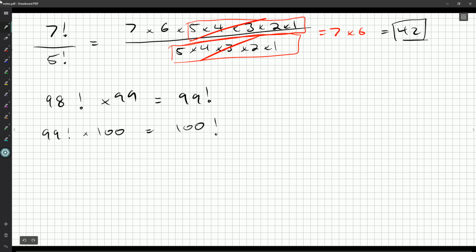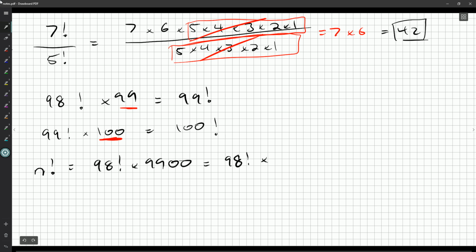But why am I pointing this out? Well, what did we have here? We had 98 factorial times 9,900, and 9,900 is 99 times 100.